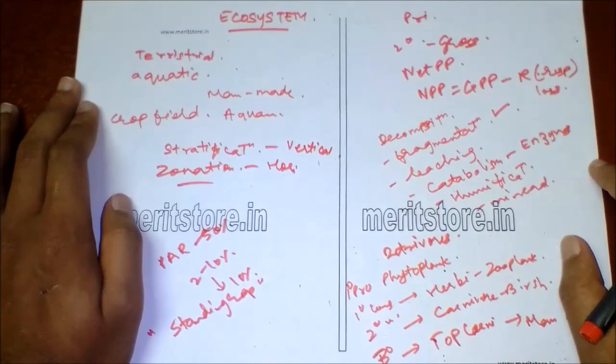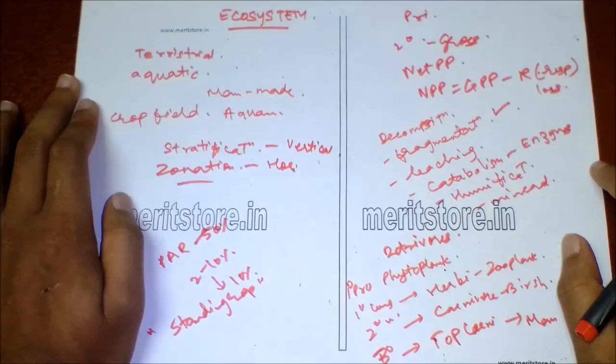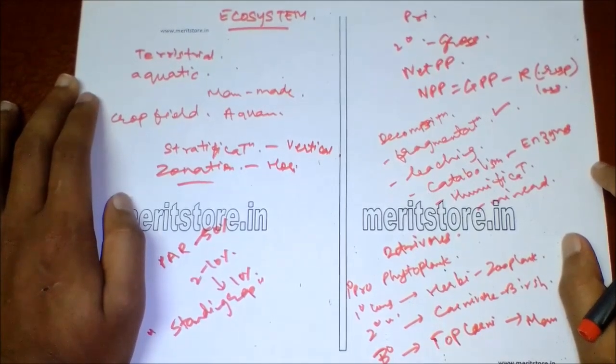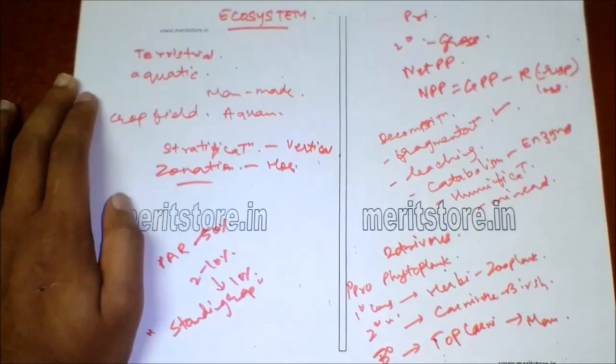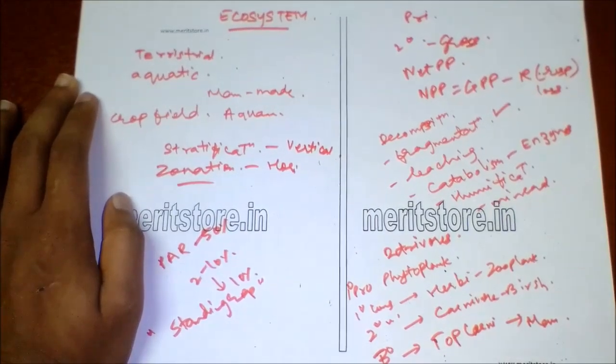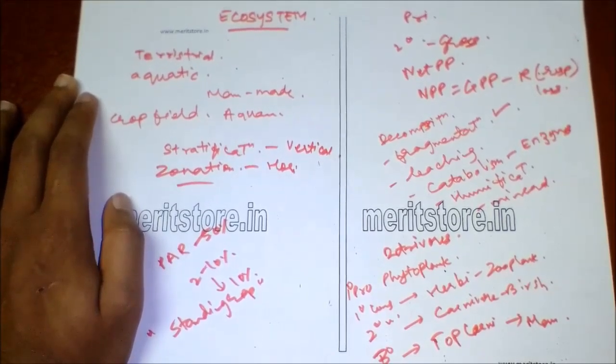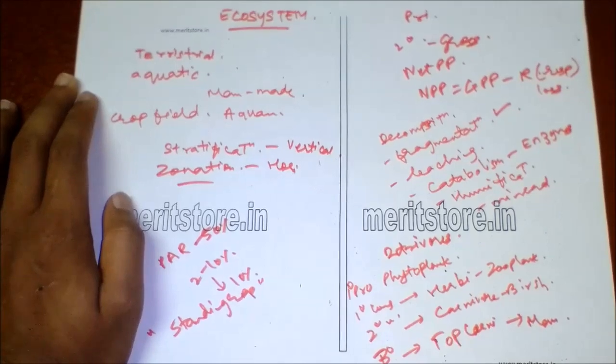The inverted pyramid is the pyramid of biomass, where a standing crop of phytoplanktons supports a large number of standing crops. So in the aquatic ecosystem, the pyramid of biomass is inverted. All the other pyramids are upright. Pyramid of energy is always upright in position.